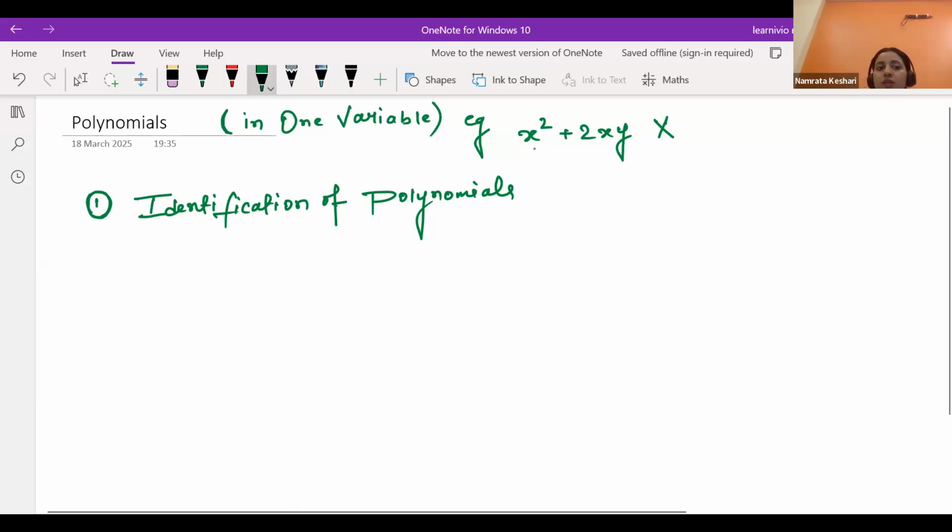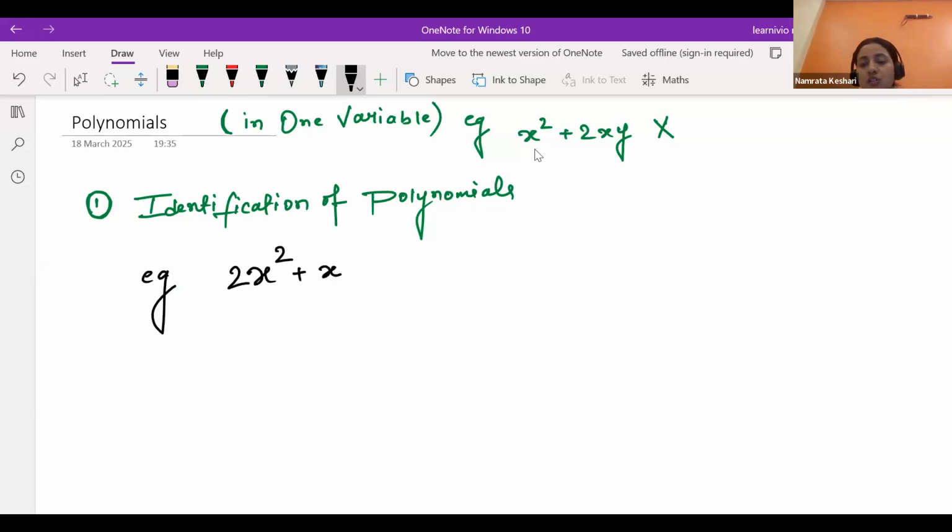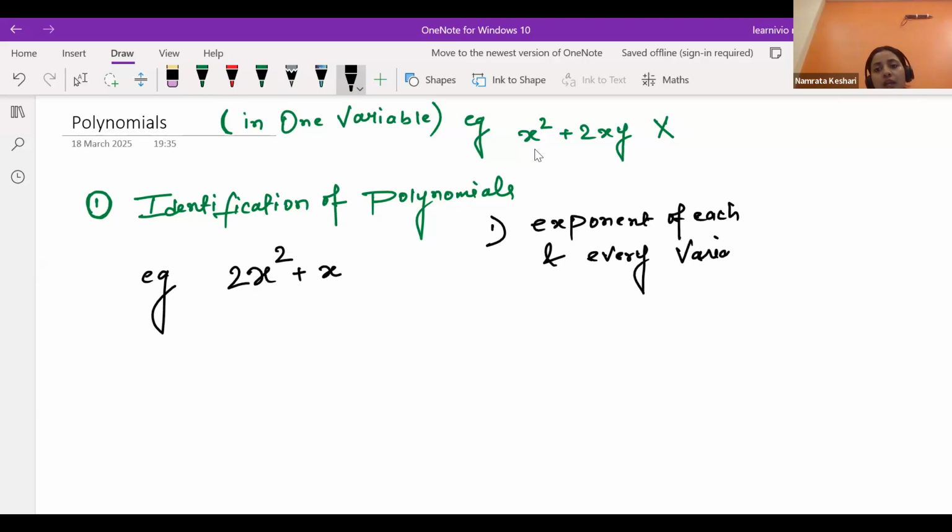So what is a polynomial? The first example we can take is 2x square plus x. The one and only condition is that the exponent of each and every variable has to be a whole number.